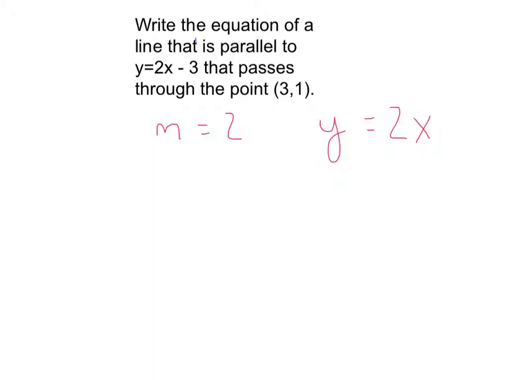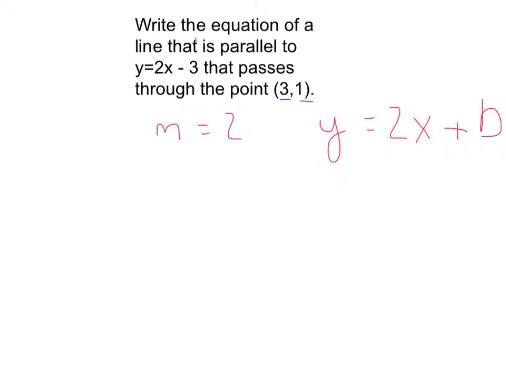That's the same slope as the given line y equals 2x, so I need an equation with y equals 2x in it as well. What I don't know is the value of my y-intercept, because I need to find a y-intercept that will make sure that this line passes through that point 3, 1.